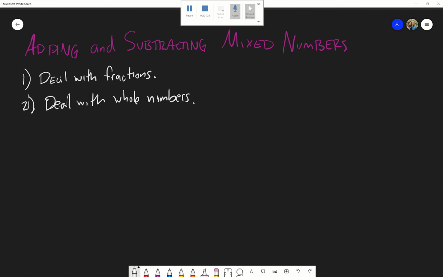our whole numbers second. So if I had the problem that said 3 4/5 plus 4 2/5, I'm going to follow my two steps here. Step one, deal with fractions. 4/5 plus 2/5.